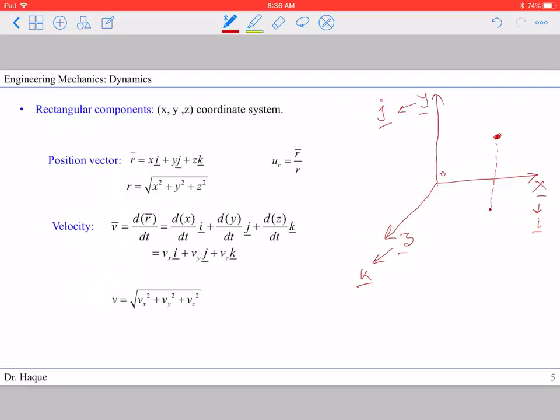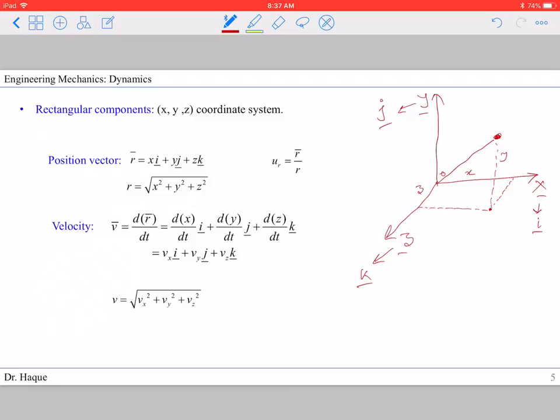This height from the xz plane would be the y, and if we take the x intercept, we'll get the x position, and if we take this component, we'll get the coordinate z. So from the origin to that particle, we'll get the coordinate xyz from the rectangular coordinate system.